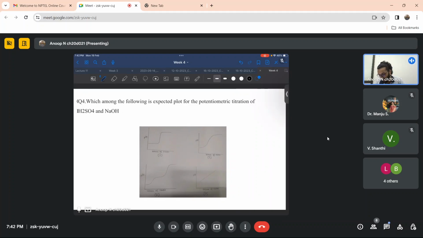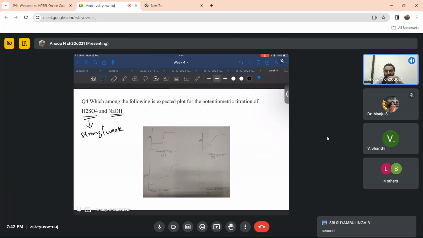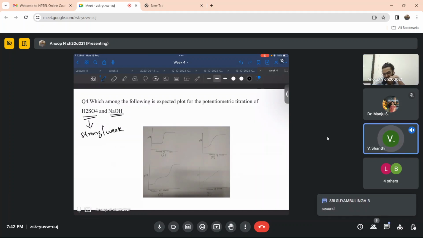So I'll see the last question. Which among the following is expected for the potentiometric titration of H2SO4 and NaOH? Which will be the plot? H2SO4 is a strong or weak acid?